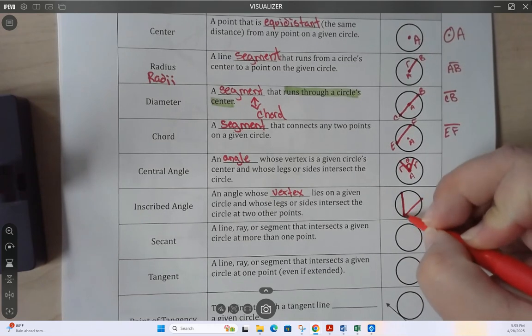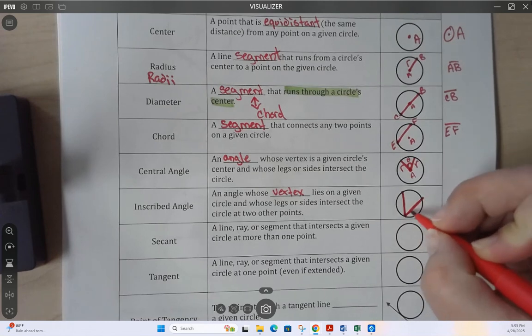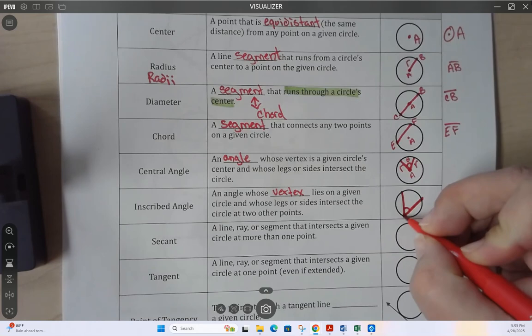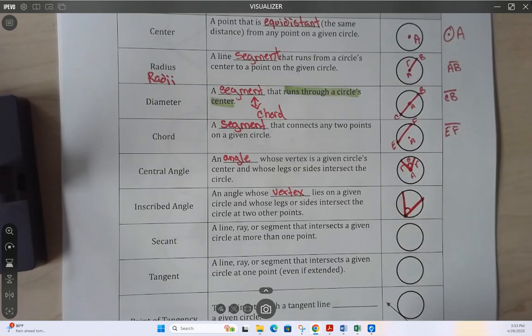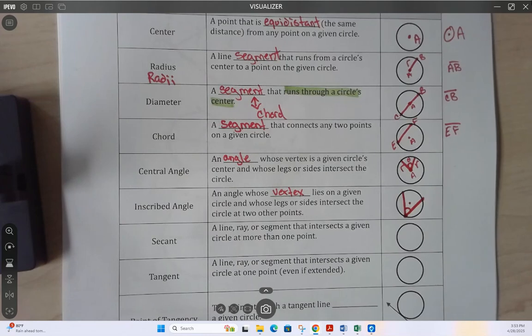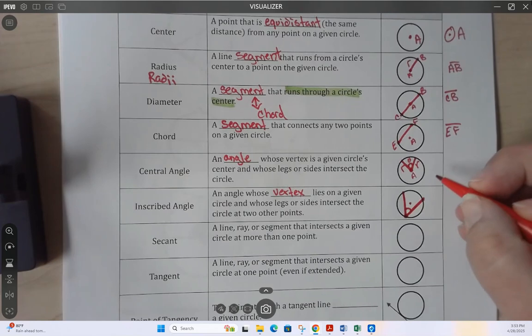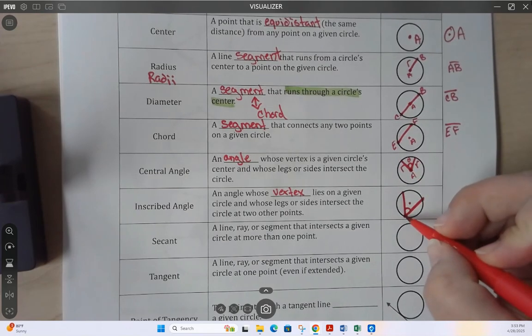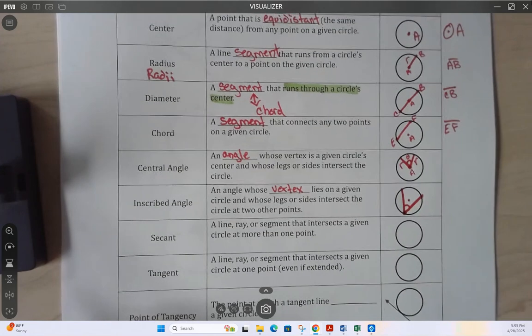So here we have a chord and we have another chord. That vertex is on the circle. Our center is just somewhere right out here in the middle of our angle. So this is the main difference between a central angle, vertex at the center, and an inscribed angle, the vertex is on the circle.